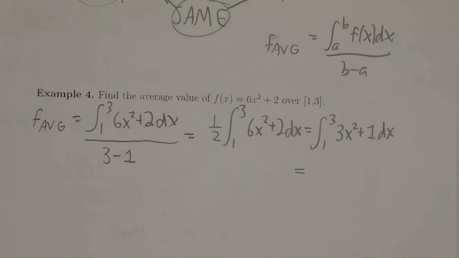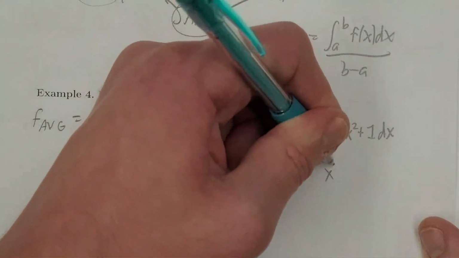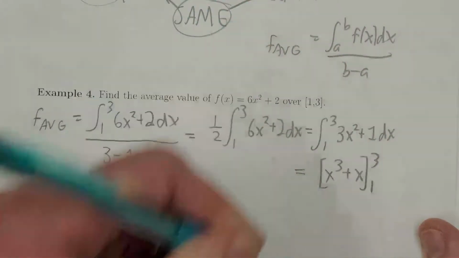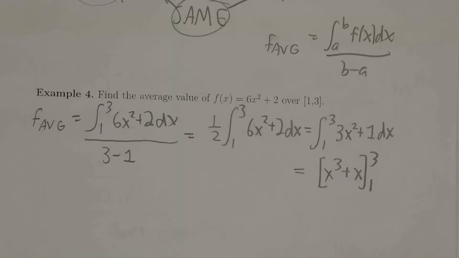I think I heard from someone. What was it? So x cubed plus x. Good. So the antiderivative of this is x cubed plus x.